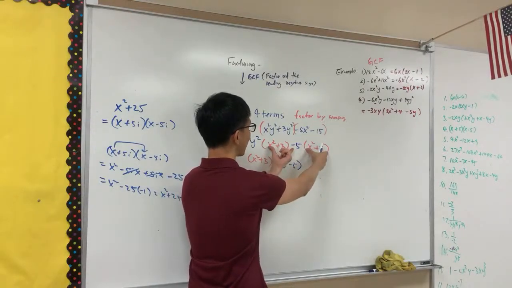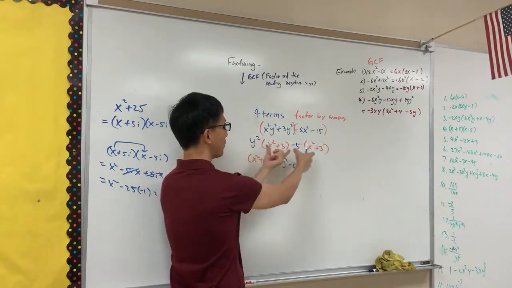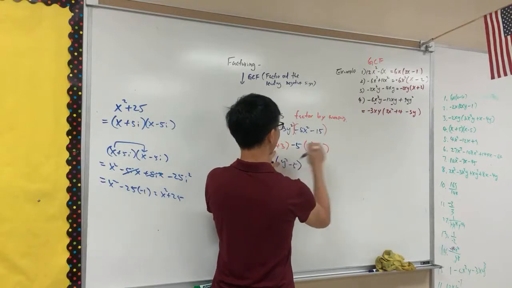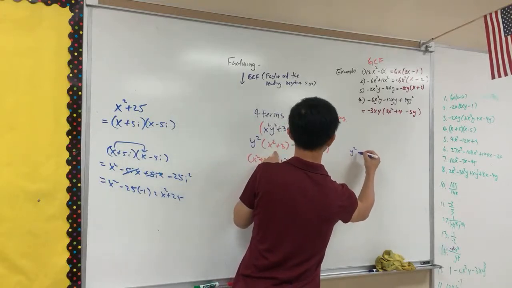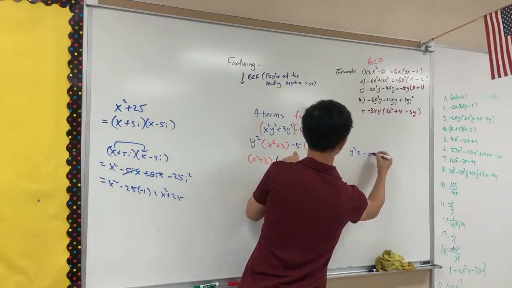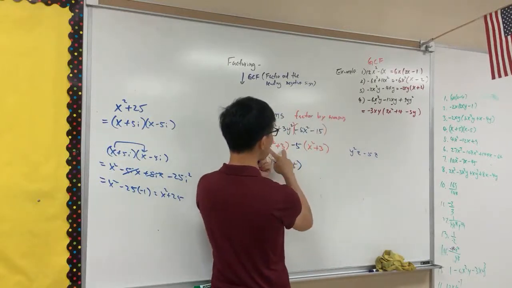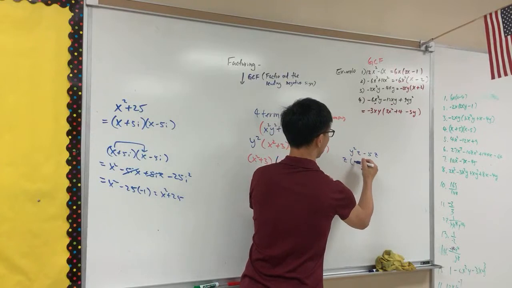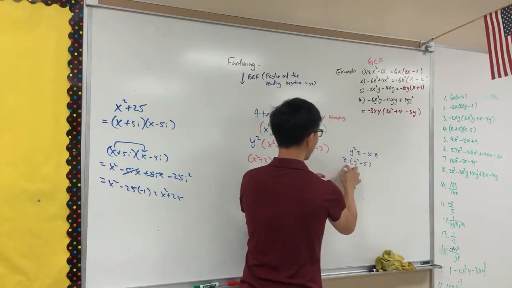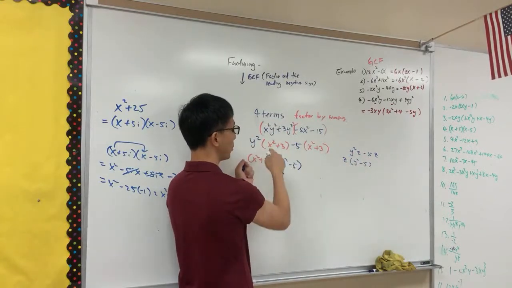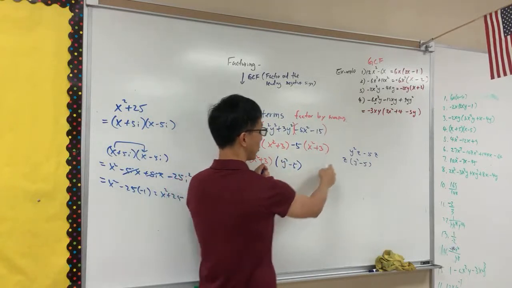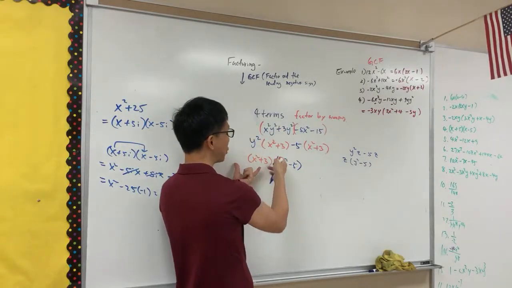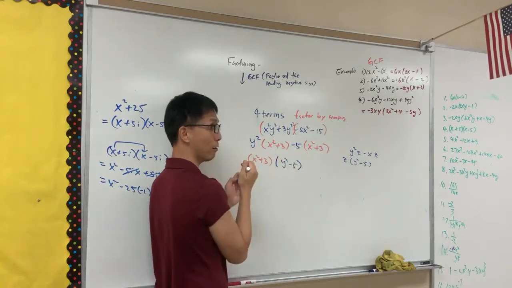That means I'm factoring this out completely. Think about this one as z. So it's like y squared times z minus 5z. Can I take a z out? And we know z is x squared plus 3. So we can say x squared plus 3 here. It's like factoring even the parenthesis out.